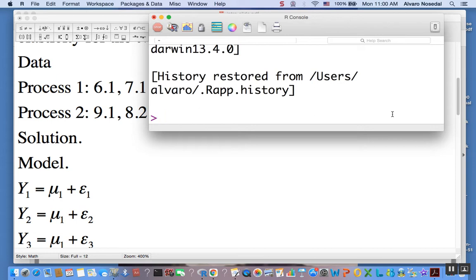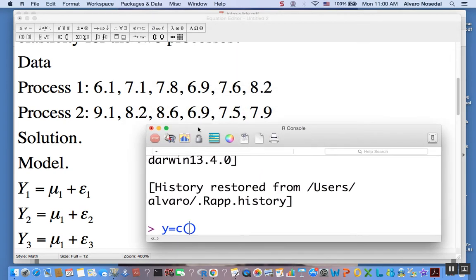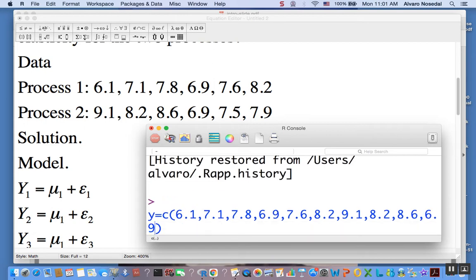Our response variable is going to be y, and what we need there is all those values: 6.1, 7.1, 7.8, 6.9, 7.6, 8.2, 9.1, 8.2, 8.6, 6.9, 7.5, and 7.9.